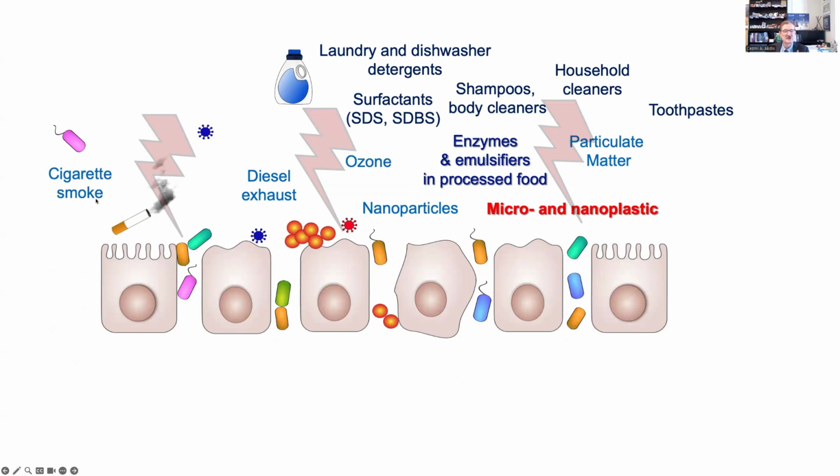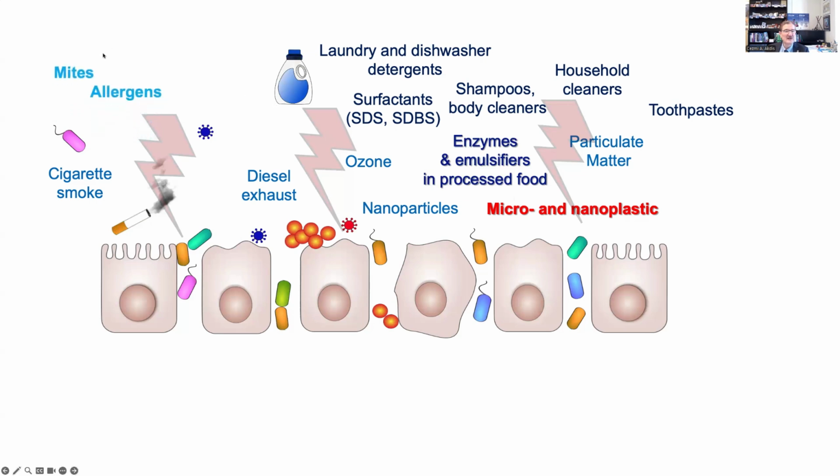Here we have cigarette smoke, diesel exhaust, ozone, nanoparticles, particulate matter, and micro and nanoplastics. They affect all organ systems. They are inhaled and eaten, they are drunk with water, and they are also affecting the skin. So micro and nanoplastics are very major in this list.